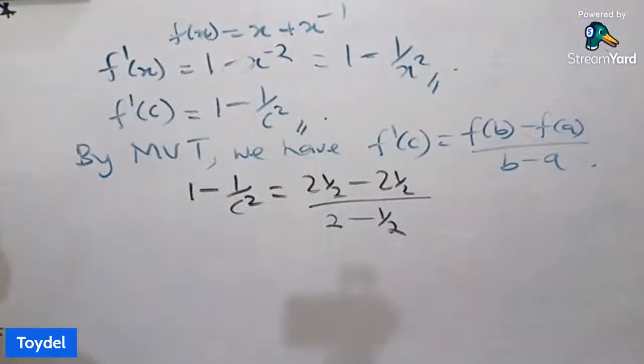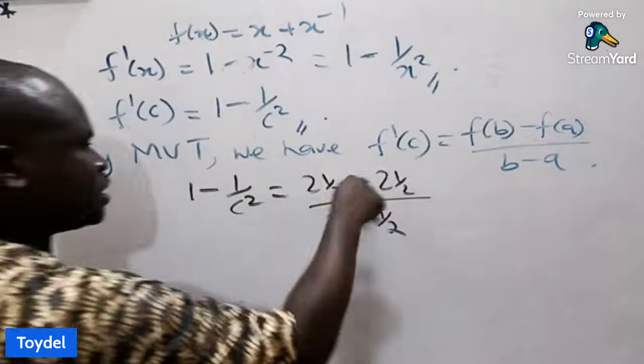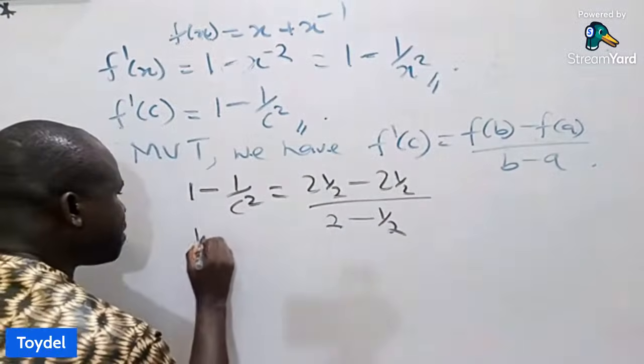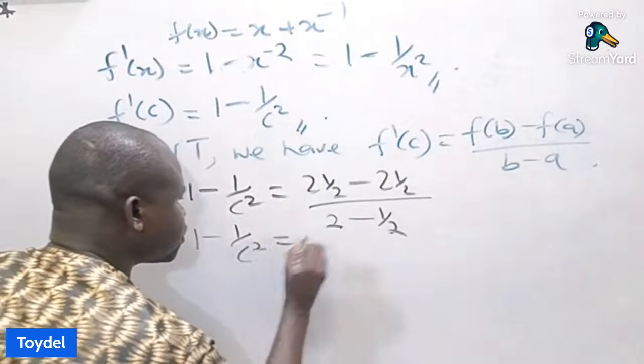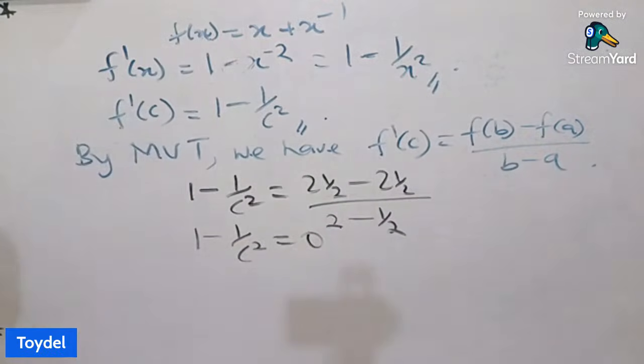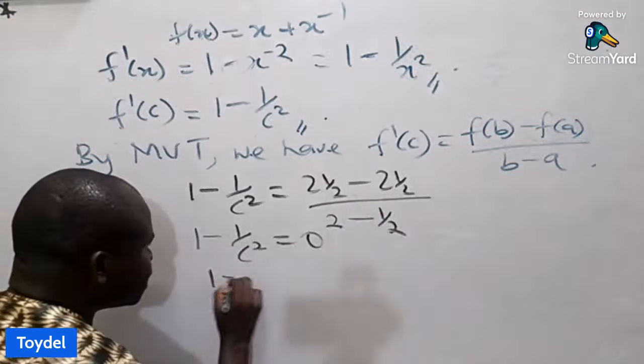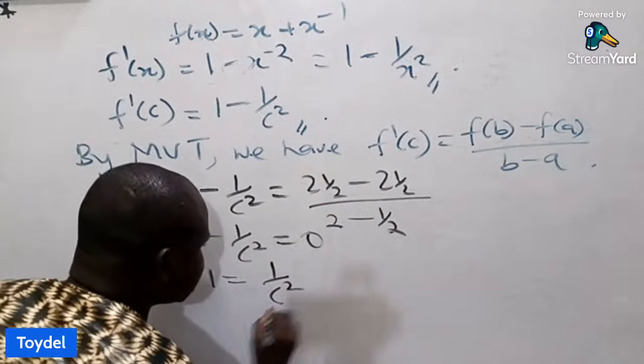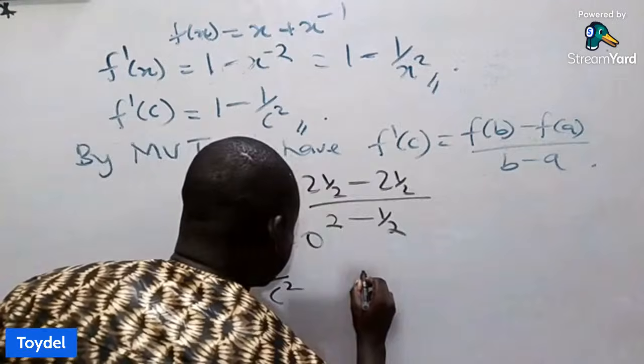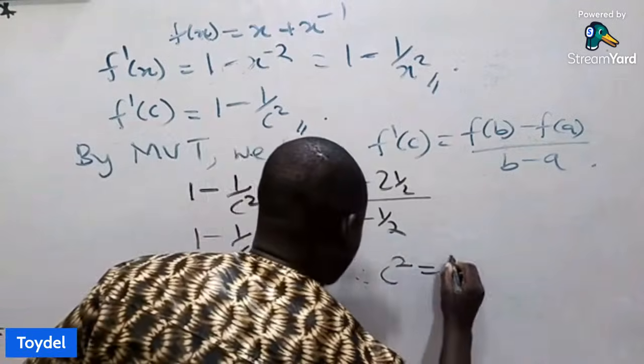So 2.5 minus 2.5 is 0. Of course, once the numerator is 0, everything here will be 0. So we have 1 minus 1 over c squared to be equal to 0. So invariably, 1 is equal to 1 over c squared. If you cross multiply, therefore c squared is equal to 1.